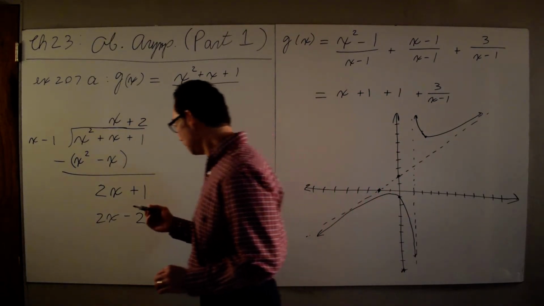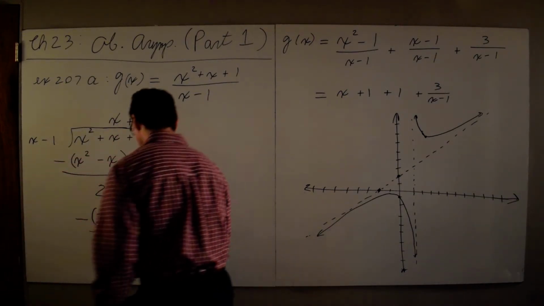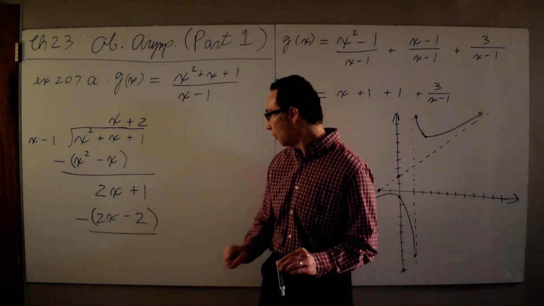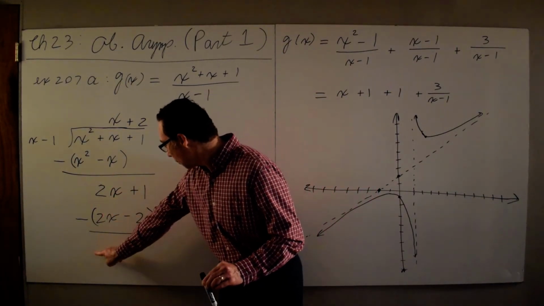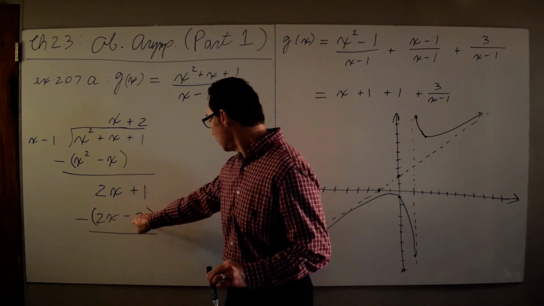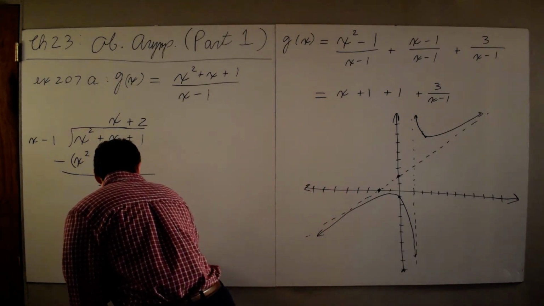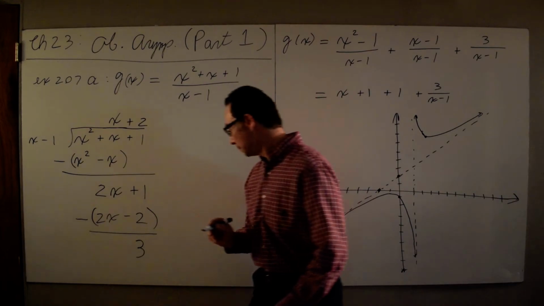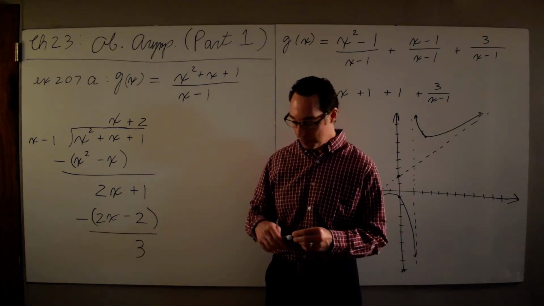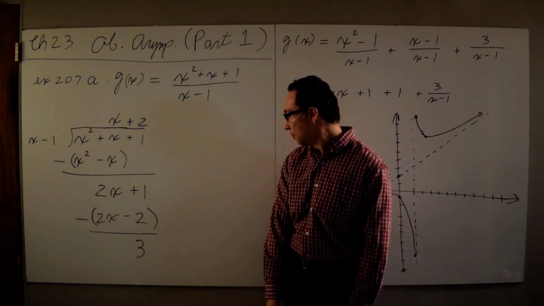Then we subtract. 2x minus 2x is 0. Again, we need to get a 0 right here, or we've made a mistake somewhere. Subtracting negative 2 is the same as adding 2. 1 plus 2 is 3. A constant term is a 0 degree polynomial. 0 is strictly less than 1, so we stop.